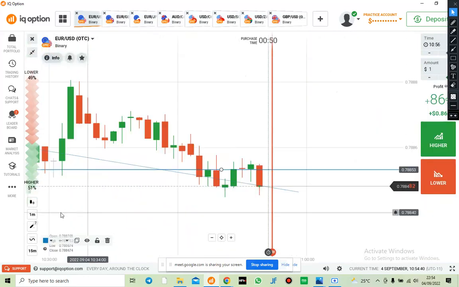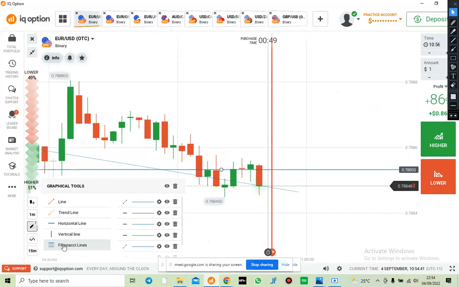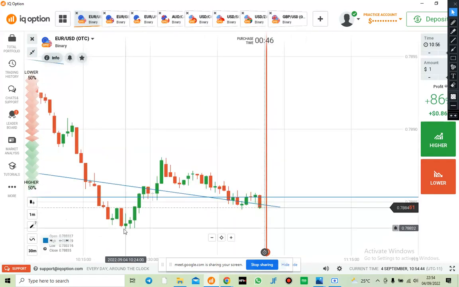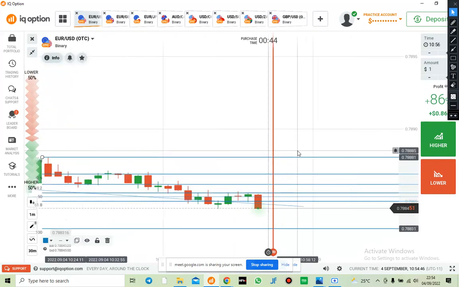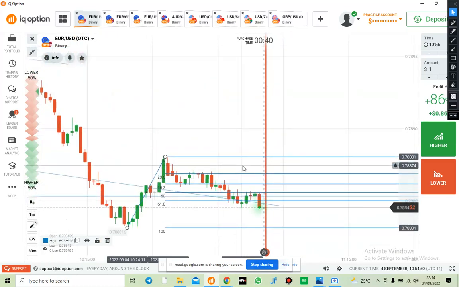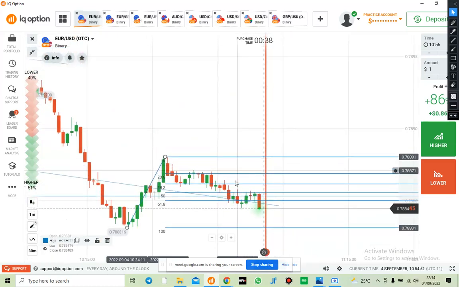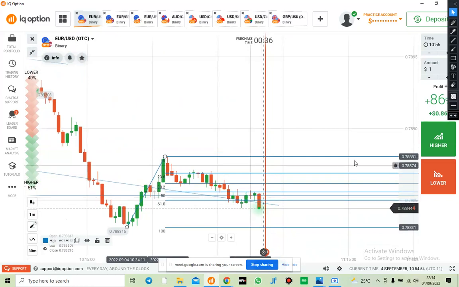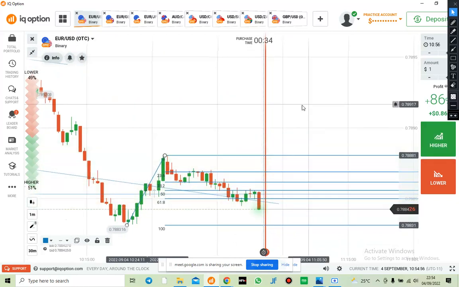After a downtrend at the 61.8 level, I'm seeing some reversal. So I expect the next candle here to be green.